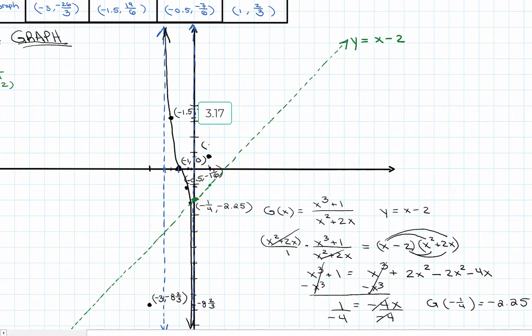So I'm just going to make my function line up as closely as I can here to my oblique asymptote, but it's not going to touch it. And it's going to line up on the other side right here as very closely as I possibly can to the vertical asymptote on the other side.